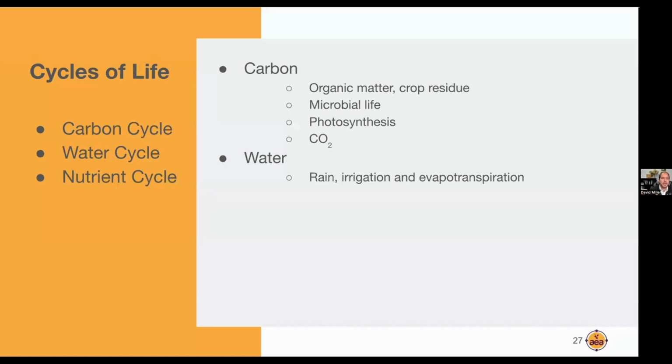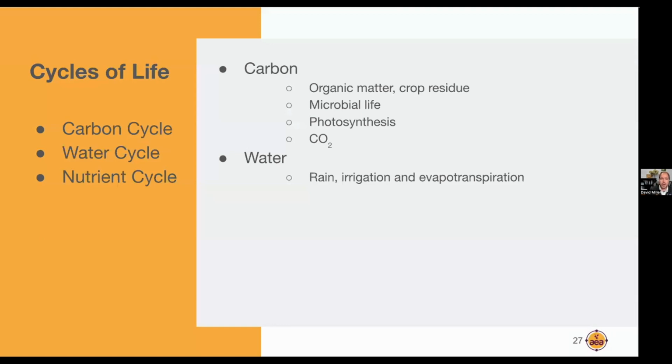When it rains or you irrigate, an acre inch is 27,000 gallons of water. And for every percent of organic matter that you have in your soil, you're going to be able to hold 1 to 1.2 acre inches of water. So that means if you have an organic matter of 1, you can hold 27,000 gallons of water.